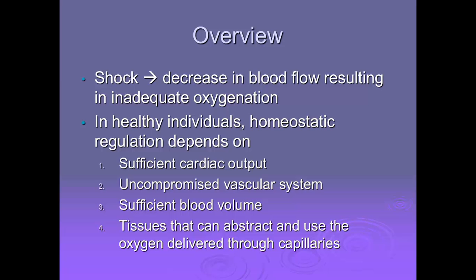It also depends on a sufficient blood pressure. Blood pressure and blood volume are needed to maintain blood flow. Tissues that can extract and use oxygen delivered through the capillaries are also necessary.